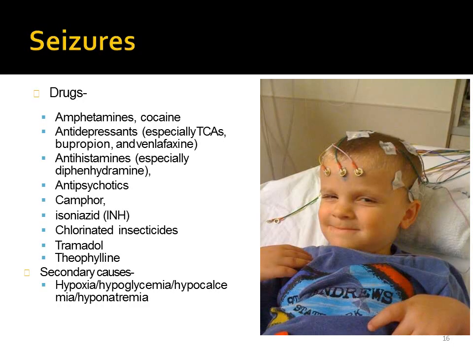The next thing that patients usually suffer from is seizure. There is a wide range of drugs and specific poisons that cause seizures. The most common of them are amphetamines, cocaine and antidepressants.